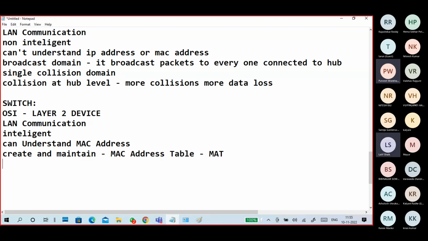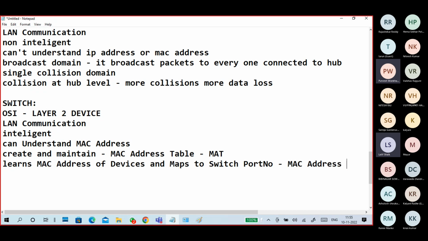Okay, to understand MAC addresses, it learns the MAC addresses of devices and maps them to the switch port number. So that is called a MAC address table.